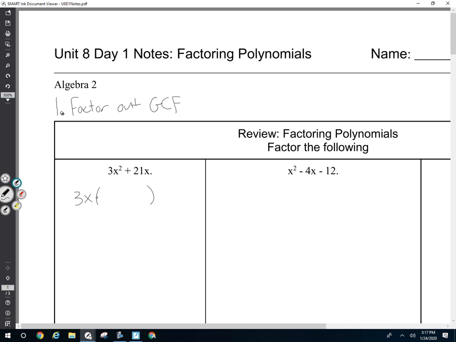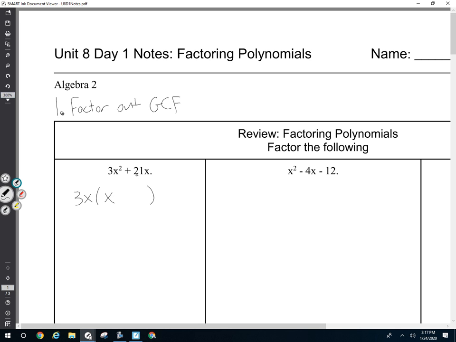Now, if I pull out a 3x, you can think of it as dividing. Or you could kind of backwards distribute and ask yourself, what times 3x gives you 3x squared? Mr. Black, what do you get? X. 3x times x is 3x squared. Or I can think 3x squared divided by 3x is x.